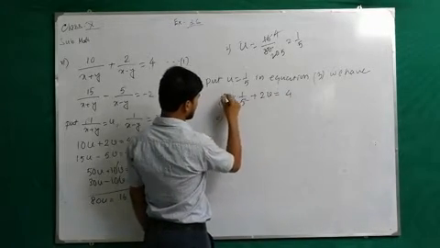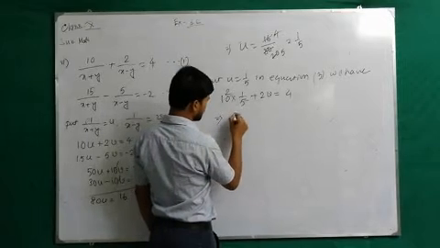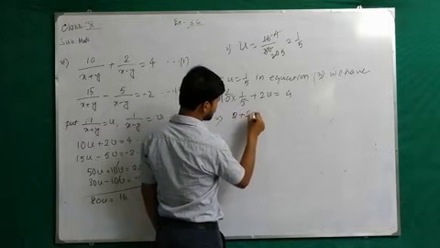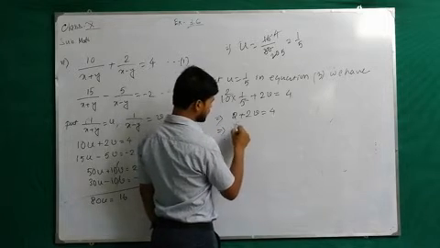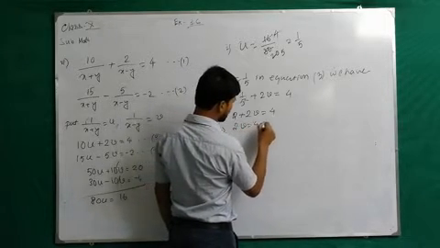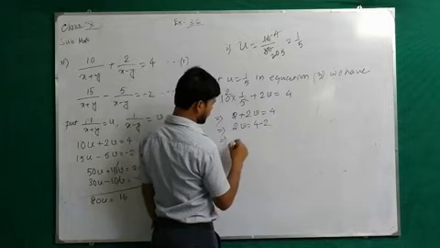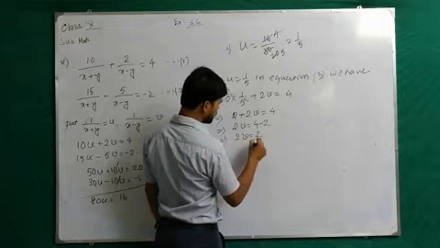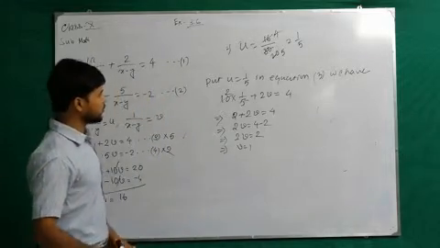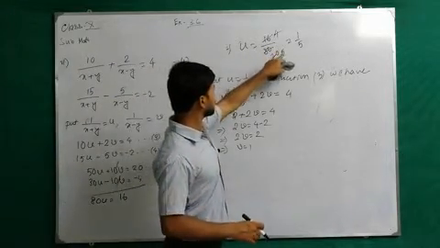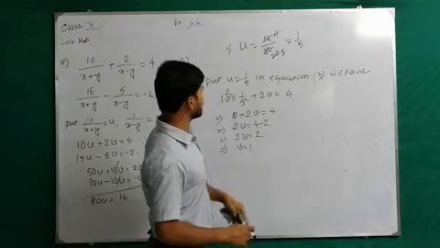That means 5 2s are 10, so 2 plus 2v is equal to 4, which implies 2v equal to 4 minus 2. That implies 2v equal to 2, means v equal to 1. So finally we have u equal to 1 by 5 and v equal to 1.